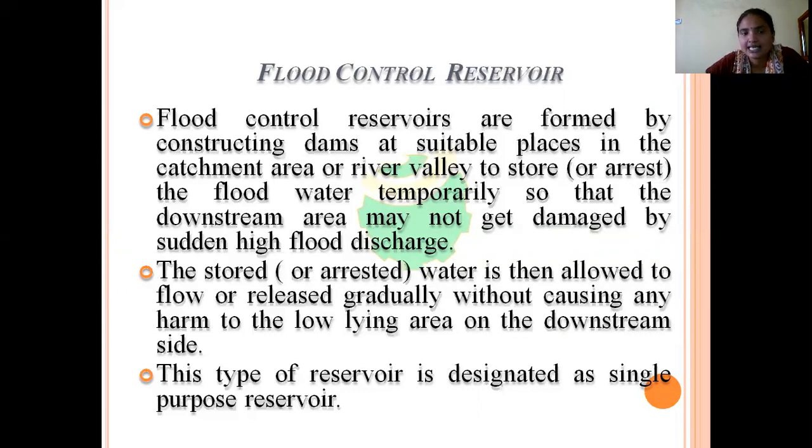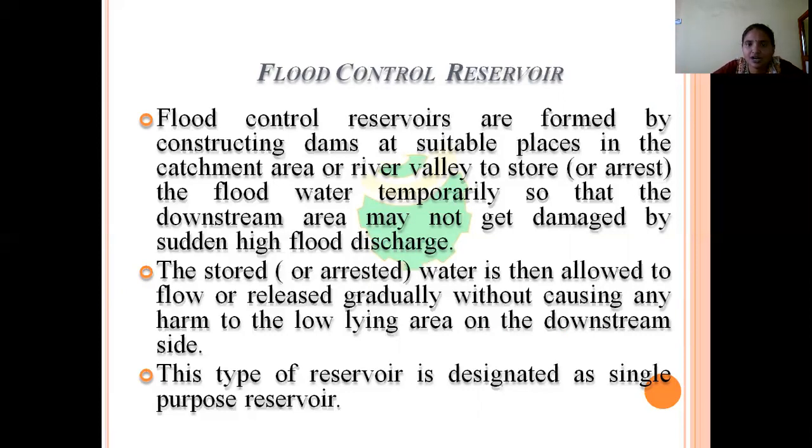Catchment area means where the reservoir collects water. That place is called the catchment area. Command area means where the stored water is utilized. That area is called the command area. So the water collecting place is the catchment area, and the water utilizing area is the command area.